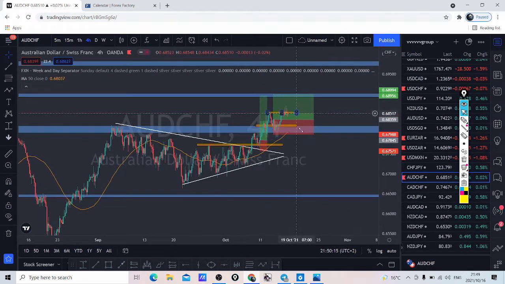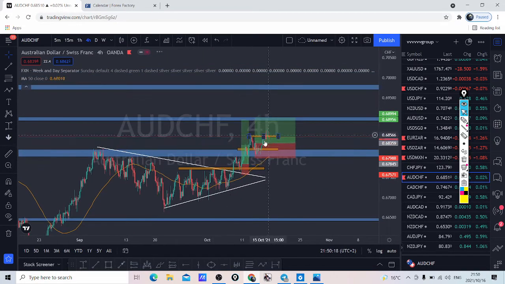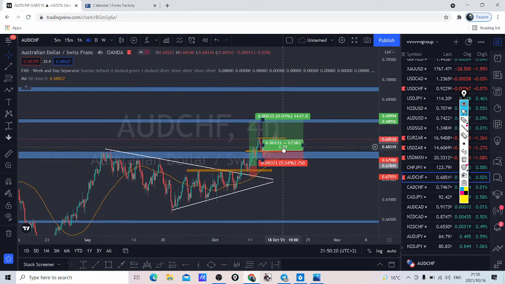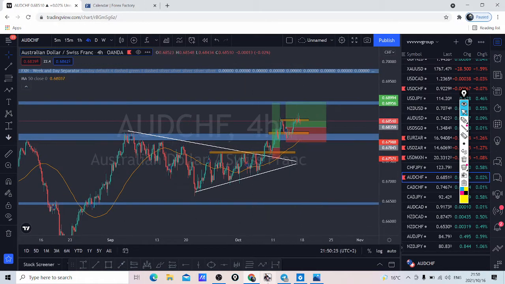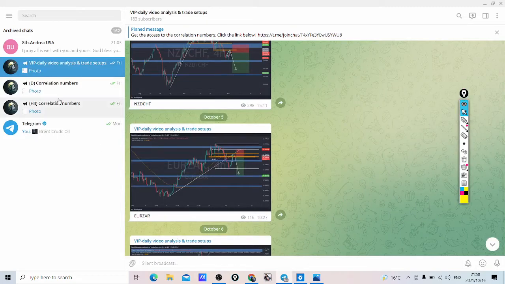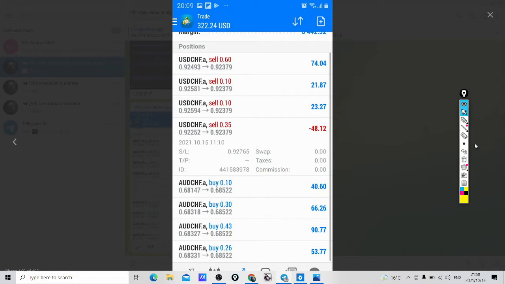This one, I made an explanation of it last week of why I was buying, and I'm still in this trade for a buy, as I was showing you here. But I believe this one is not going to go up smoothly, because the Swiss franc is flat, and the AUD is +4.